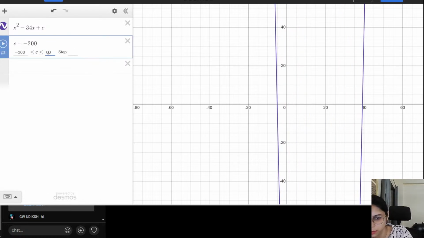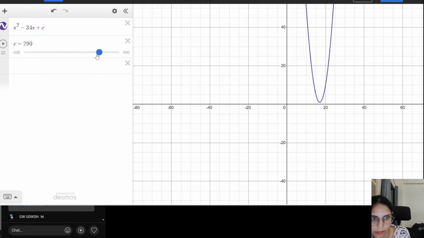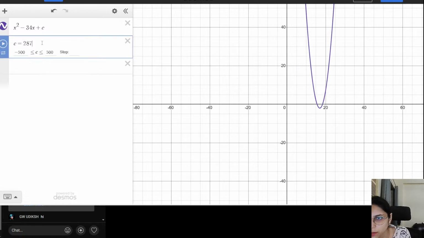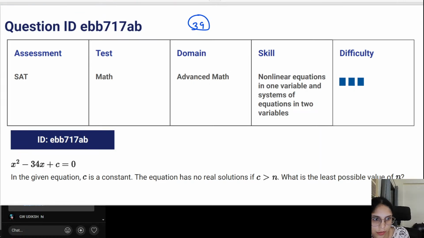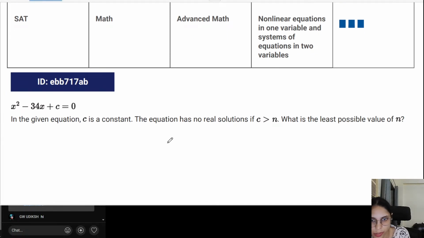Go to 300, or let's go to 500 directly. So now between 287 so at 289 you're getting a solution. So C has to be greater than 289.